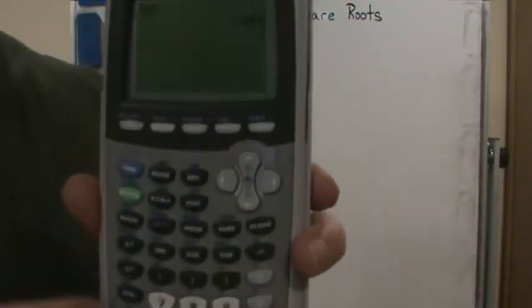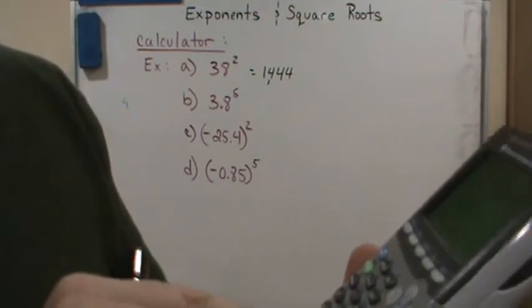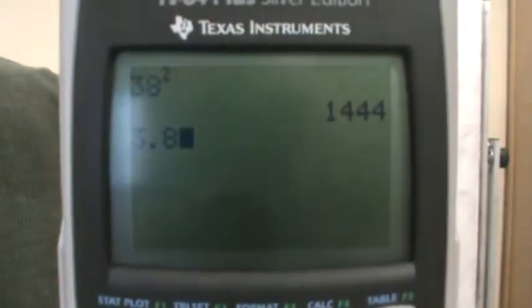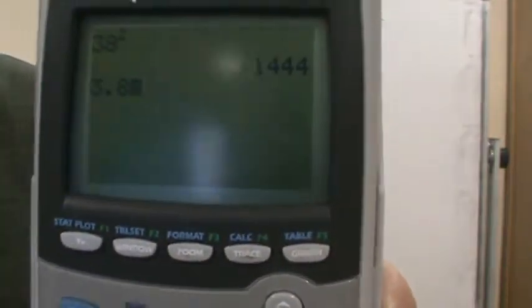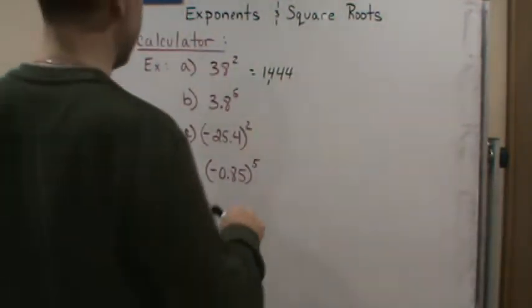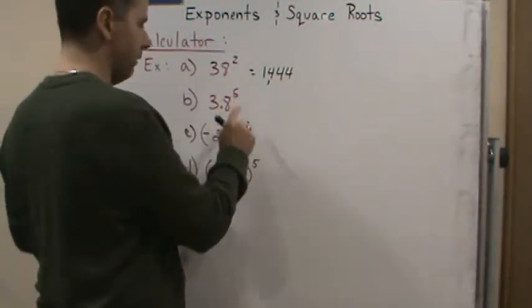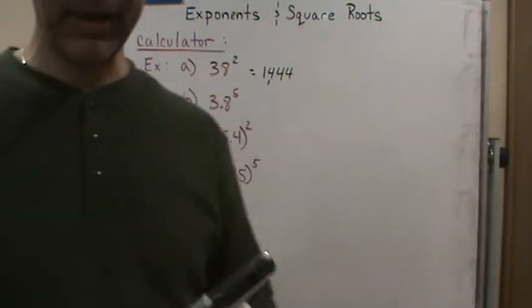So now the cool thing is all I have to do is put 3.8 into the calculator. And now here I have an exponent of 5. So what key am I going to use for that one?